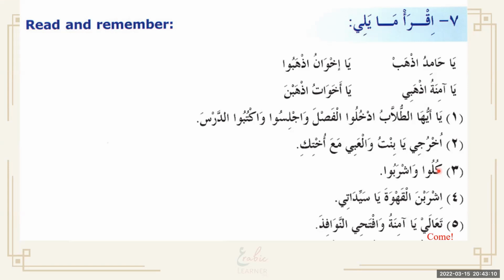When your monada comes with al, what is the monada here? At-tullabu, the one who is called. When the monada comes with al, you will say ayyuha. You will not say it directly. So you say ya ayyuhat tullabu, O students, udkhulul fasla wajlisu waktubu darsa. Tell me the meaning.